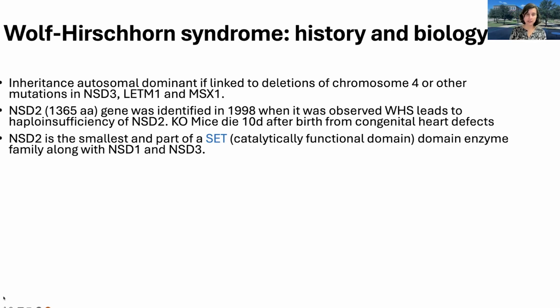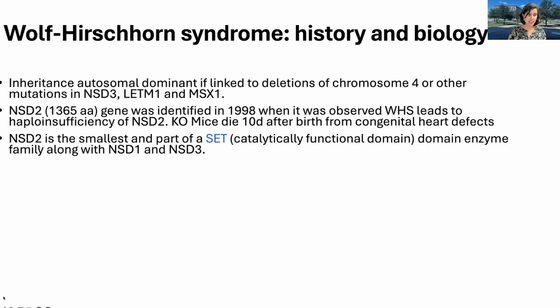These children have these facial characteristics, and it can be caused by deletions or different types of mutations in these three genes. And in the biology literature, they made mice that have one of these genes deleted, and they die very young from heart defects. So that means that it is a pretty important gene for development, at least one that is evolutionarily conserved.